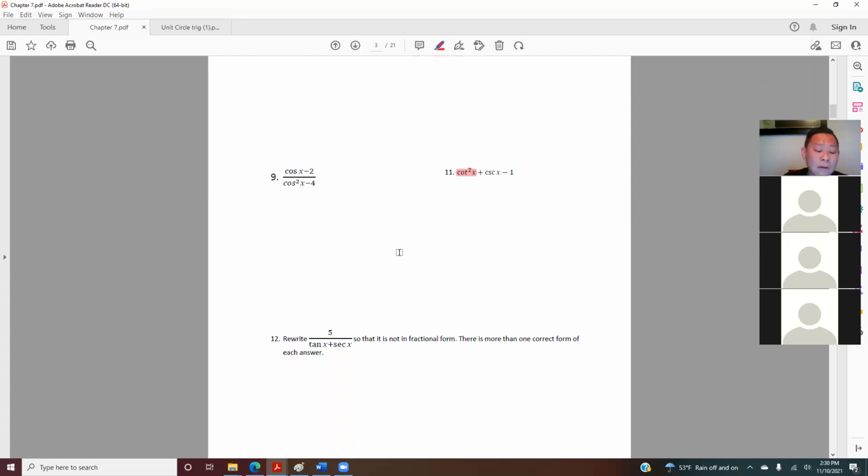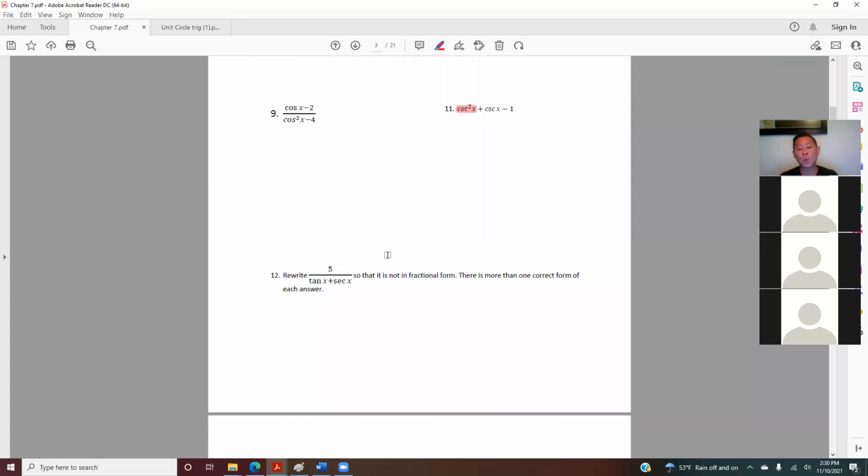Okay. Now the last one we're going to do in this section is 12. This is a fraction. This question wants us to write this not in the fraction form. That means that we do not want to have fractions in this case. So we don't want the tangent x plus secant x in the denominator. Okay.